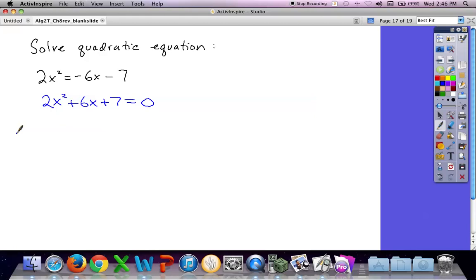Which is the only one that always works? Completing the square. That's another way, but when you do the quadratic formula, you are doing the completing the square because it's built into it. The only one that always works is the quadratic formula. So I would suggest you use the quadratic formula.